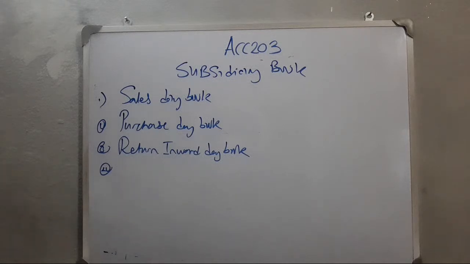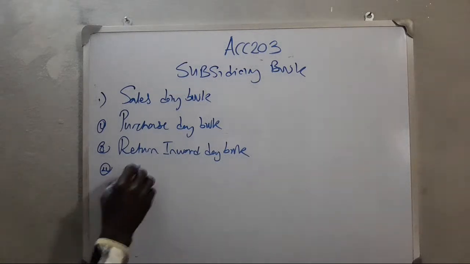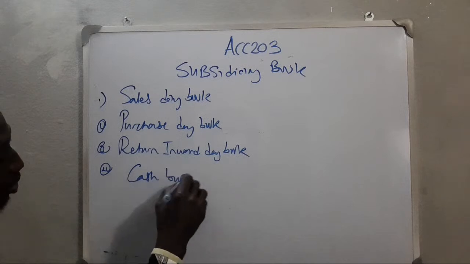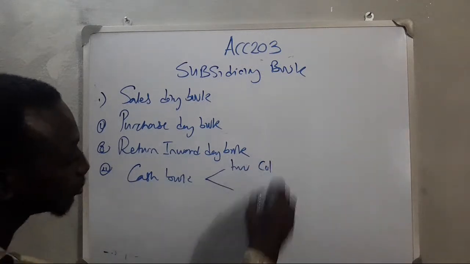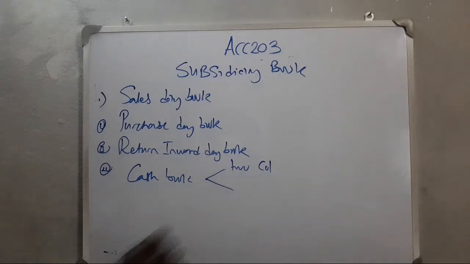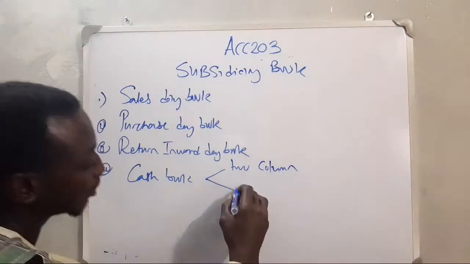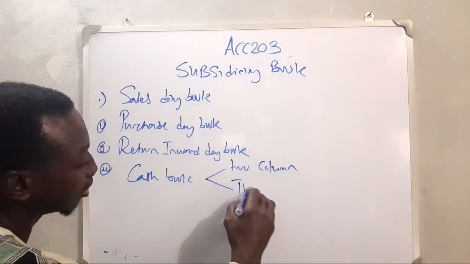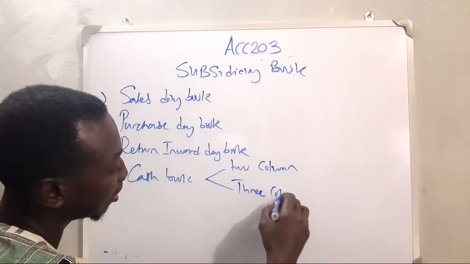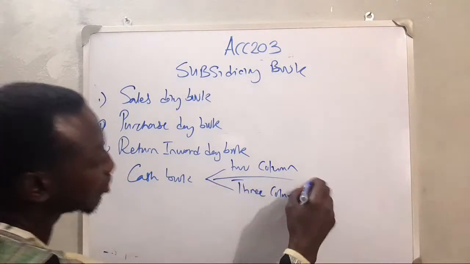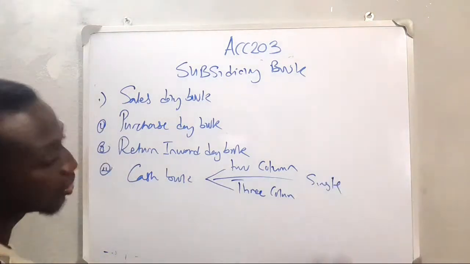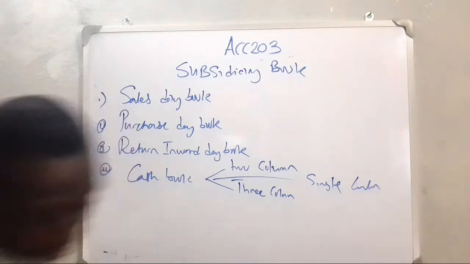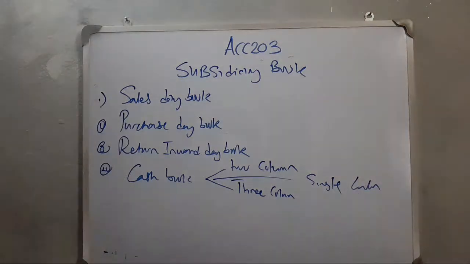We have the cash book. We have the two column, and we also have the three column, and we have the single column.